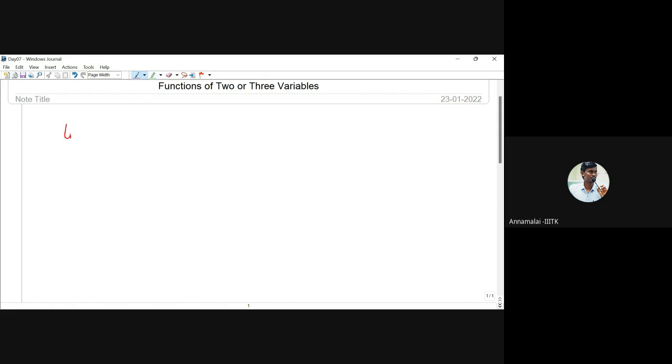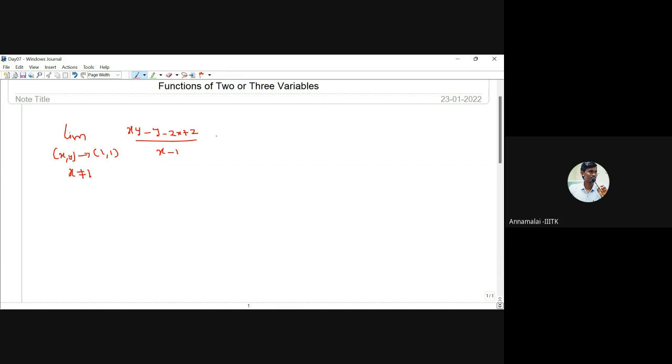The limit as (x, y) goes to (1, 1), with x not equal to 1, of f(x, y) = (xy - y - 2x + 2)/(x - 1). Okay, so if you directly substitute x equal to 1, y equal to 1, you will get the denominator 0.